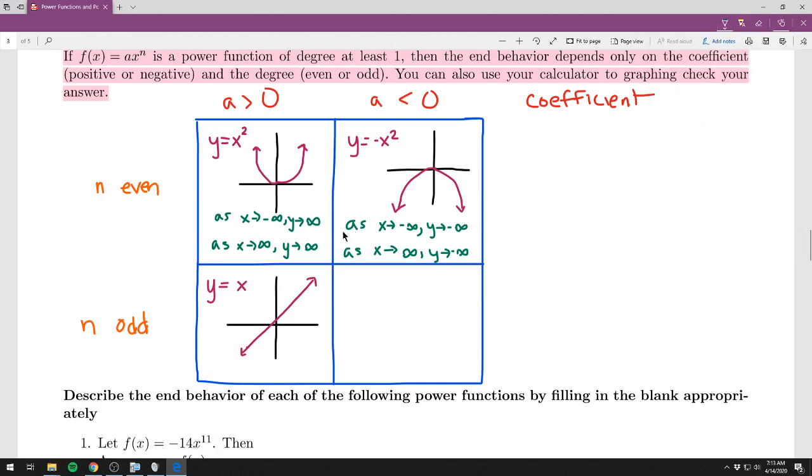But this one, as we go to the left, it's going down to negative infinity. And as we go to the right, as we go towards positive infinity, it's going up to positive infinity. But once again, this works for any positive a, any odd power.